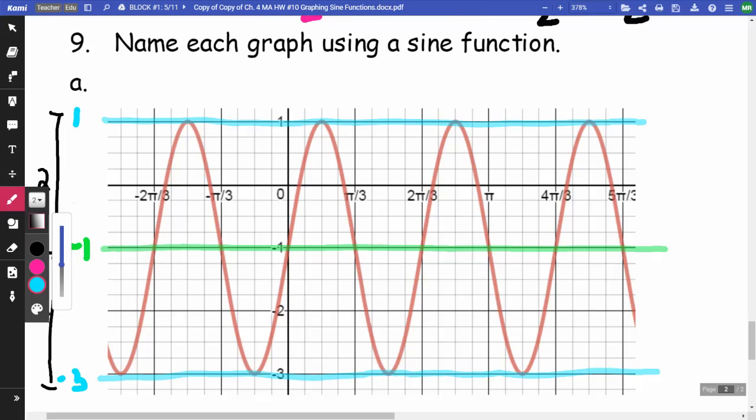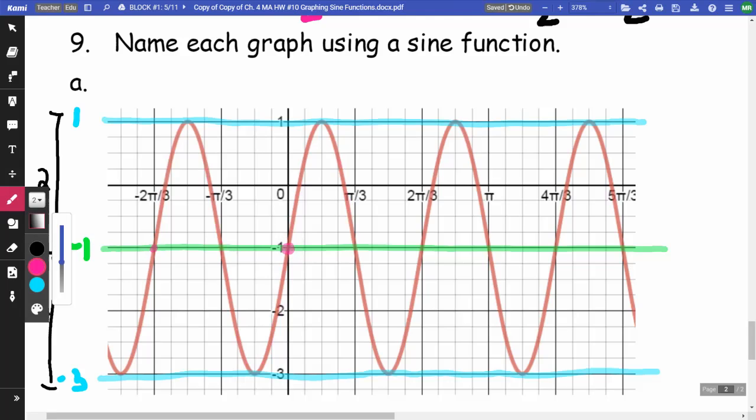I could have started here and go, okay, this is going to be one whole sine from there to there. I could start here, but this would be a negative sine because I'm going down. So I could do this until I get to here. So there's a lot of different places you can start. I think I'm going to start here at this 0.